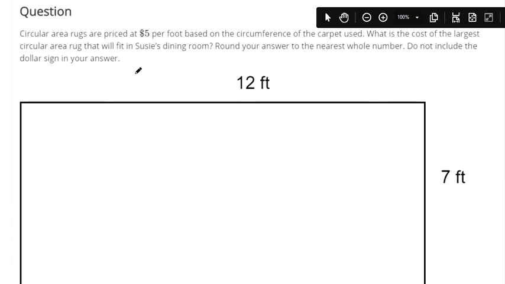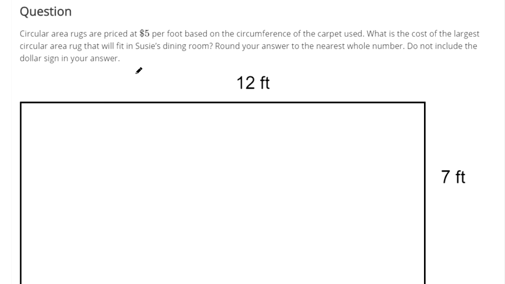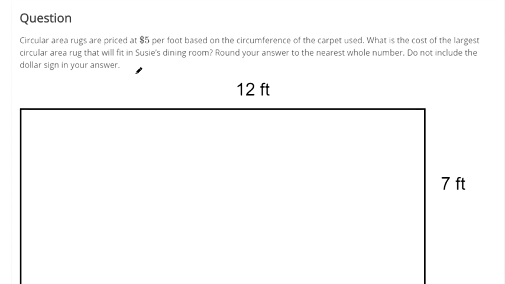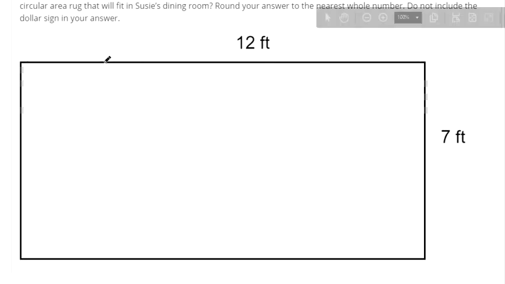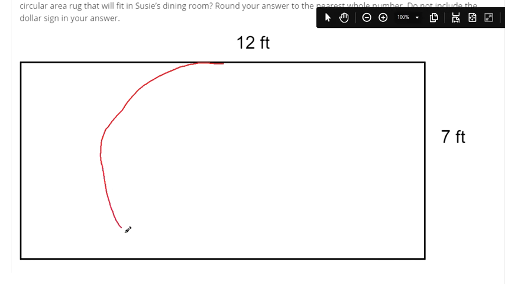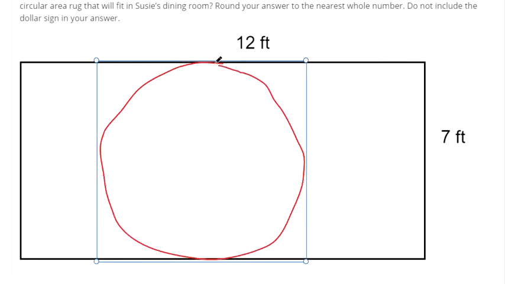Circular area rugs are priced at $5 per square foot based on the circumference of the carpet used. So what is the cost of the largest circular area rug that will fit in Susie's dining room? So imagine you put a circular rug, it doesn't matter which part it goes in, there's a restriction. The circular rug can only be as big as the shortest dimension.